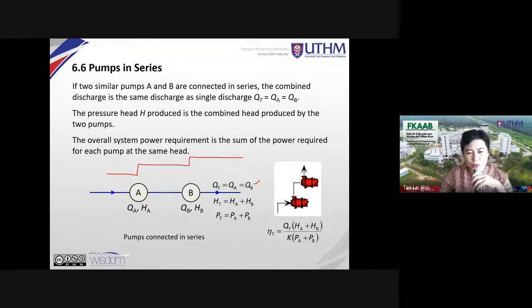Total power produced would be the addition PA plus PB. Similarly, this would be QT times HT. HT is the addition. And then K times P total. So this is Q total times H total divided by K times P total. That will be the general equation.